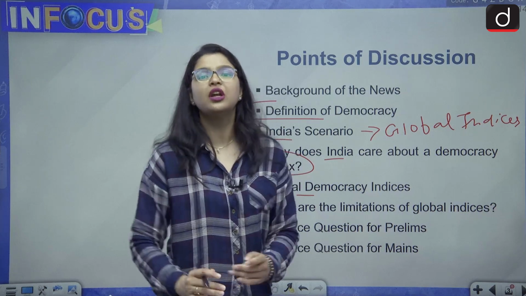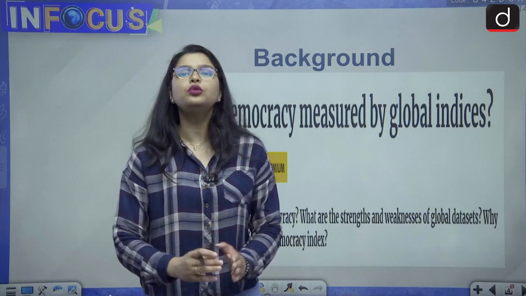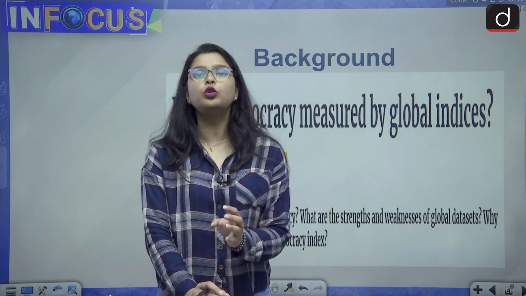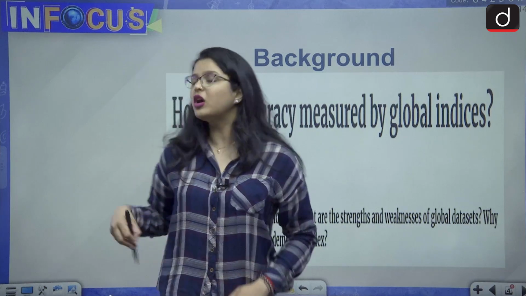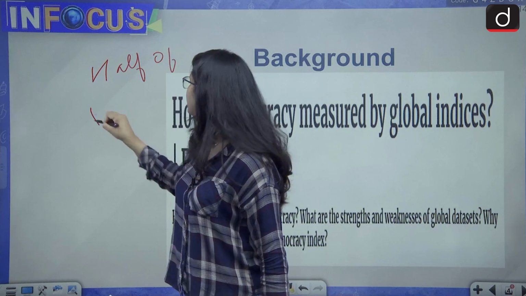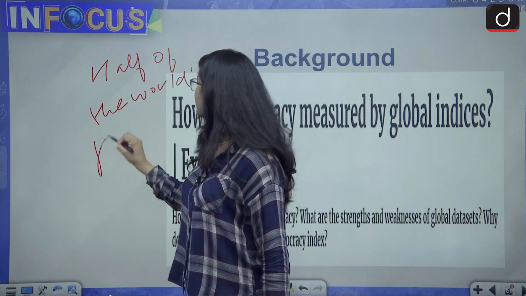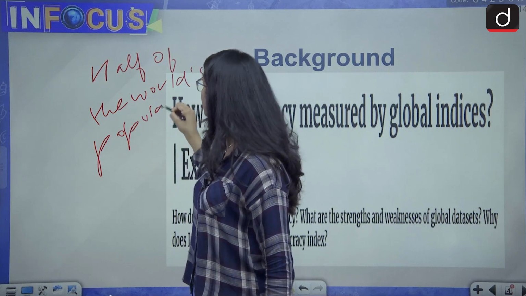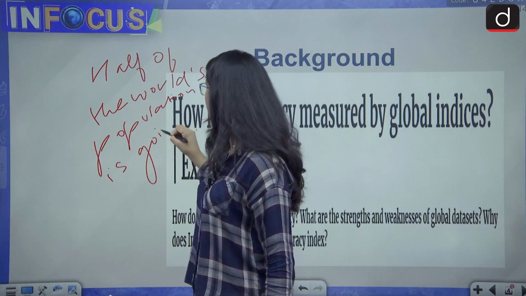So if I talk about the background of our today's topic, 2024 is going to be the biggest year for democracy, because half of the world's population is going for election.